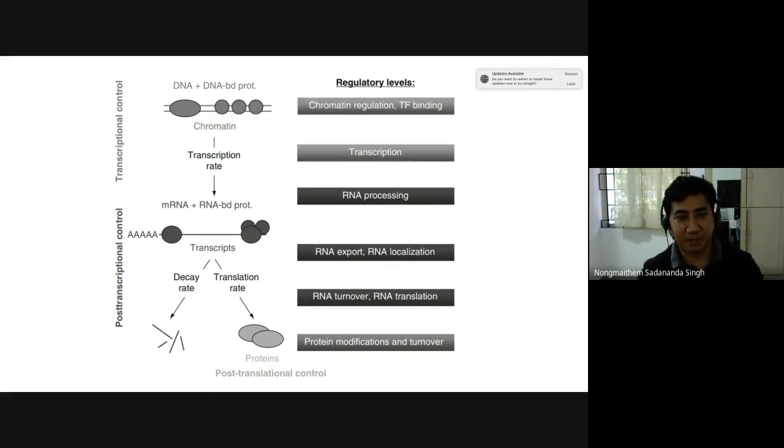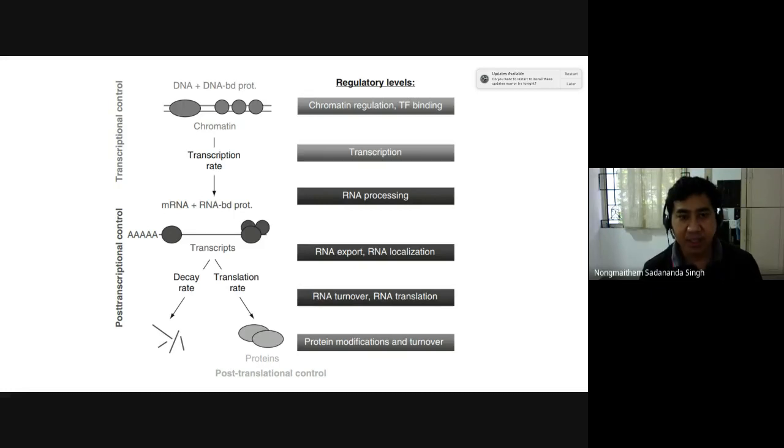But for the protein coding mRNAs, you know that eukaryotes have the mRNAs has to be a matured one after splicing. Splicing can be modulated, and then after splicing, it has to be exported out to the cytoplasm, correct? That again can be a source of regulation of gene expression.